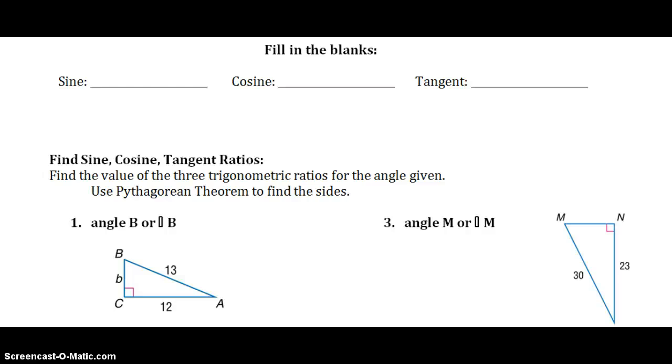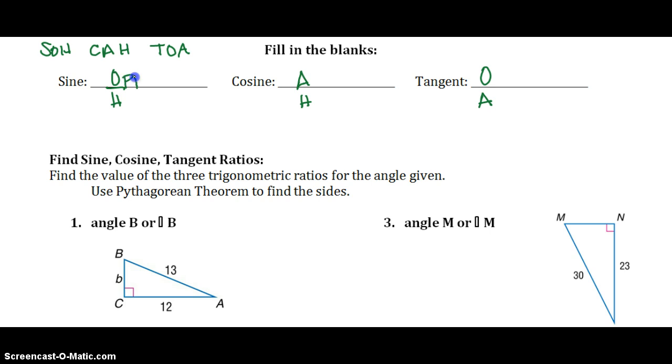So I always write SOH-CAH-TOA at the top of my page. A lot of people, to help them remember that it's a ratio, write it out: sine is opposite over hypotenuse, cosine is adjacent over hypotenuse, and tangent is opposite over adjacent.